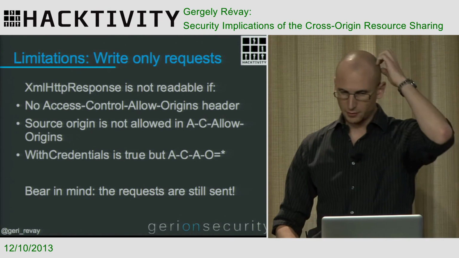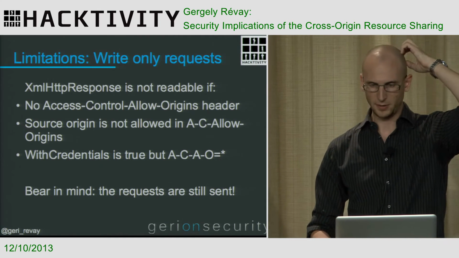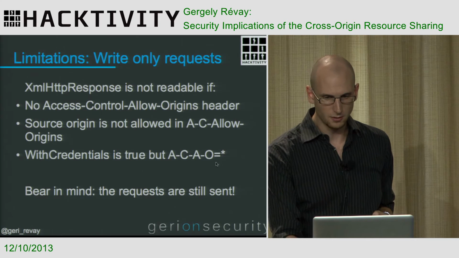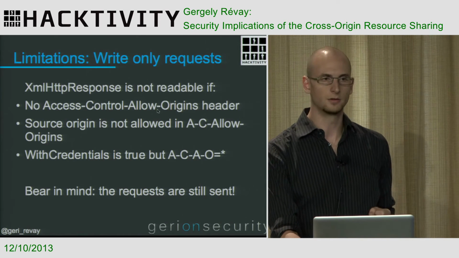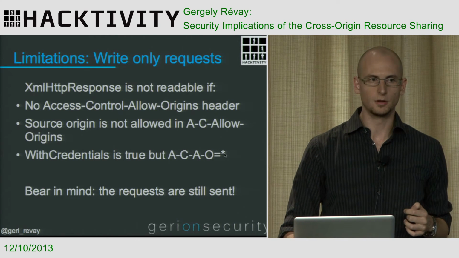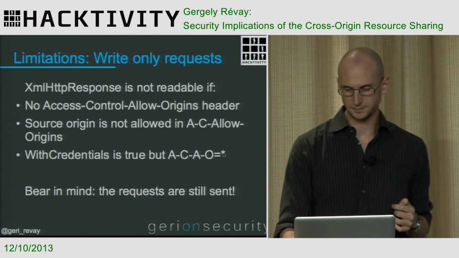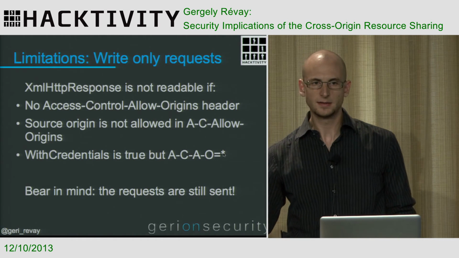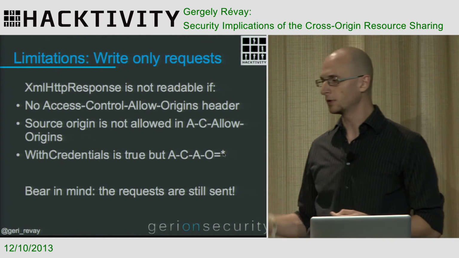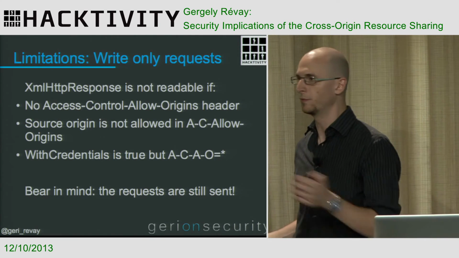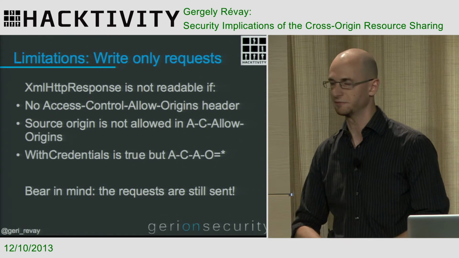And there is a tricky one, which was also surprising for me. Here, this ACAO is the Access-Control-Allow-Origin again. And you can define it with the allow all, so this star. With that, you're saying that I enable CORS, and I allow it for everybody. So you can come from any origin, you can have my stuff.